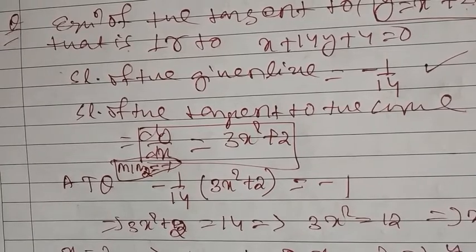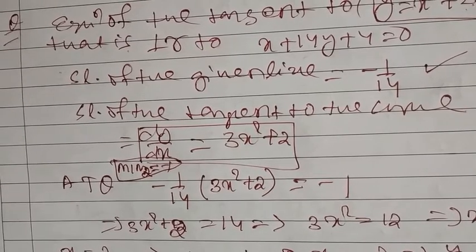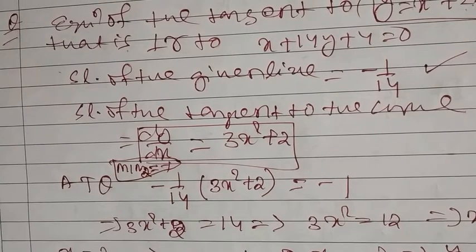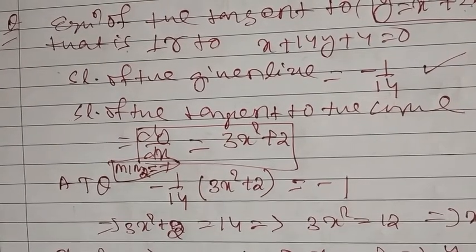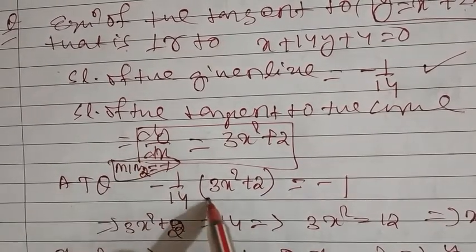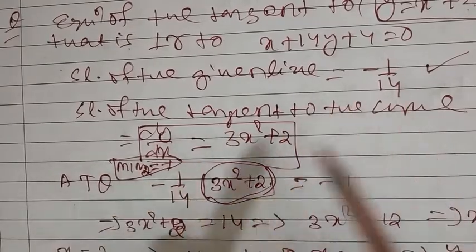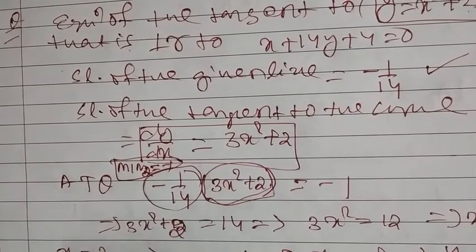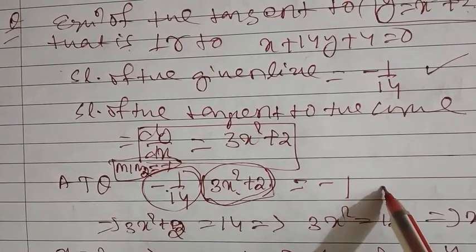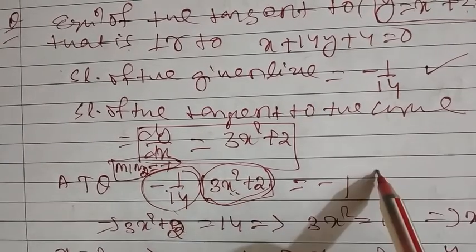Now slope of the tangent, it is what? You see, this is dy by dx. Slope of the line is minus 1 by 14. Slope of the line into dy by dx is minus 1. So dy by dx क्या हुआ? Plus 14.